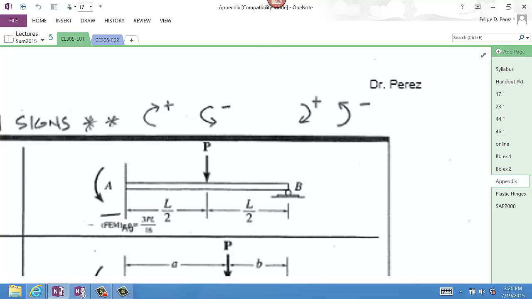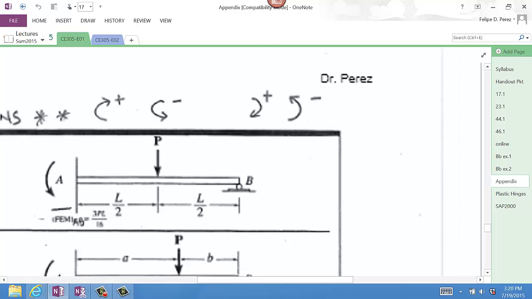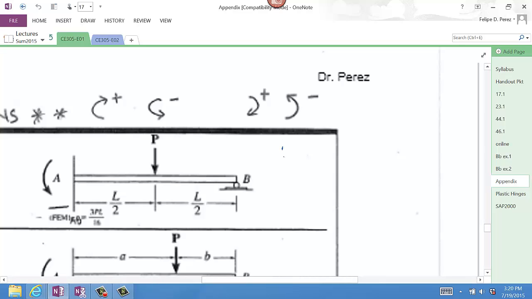You can either imagine this beam being mirrored about a vertical line here, and then you would see that the moment is actually clockwise as shown in this figure.